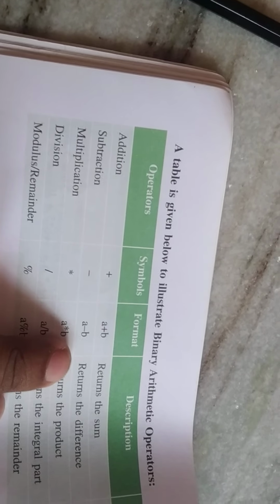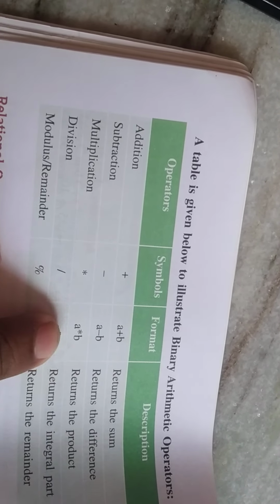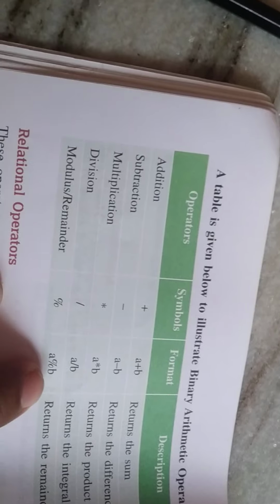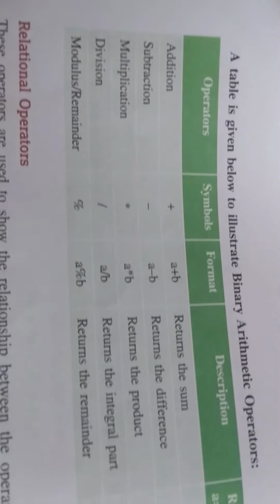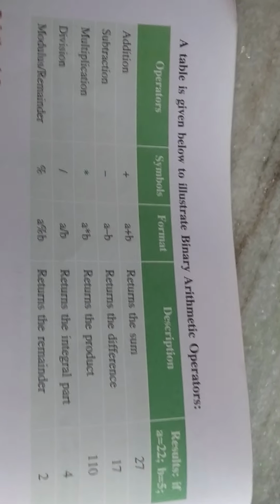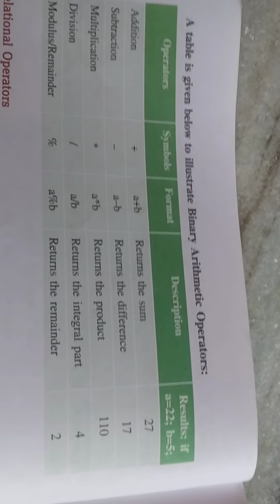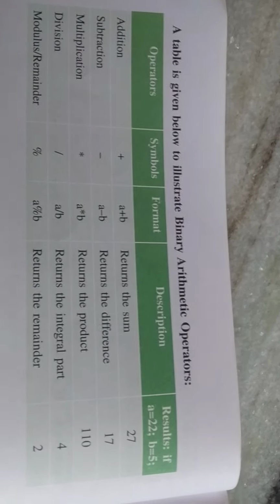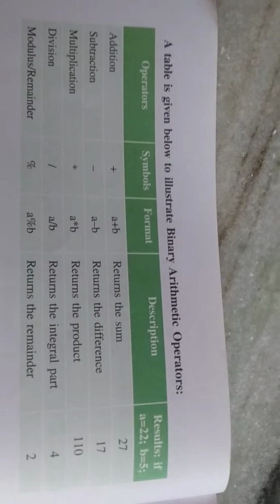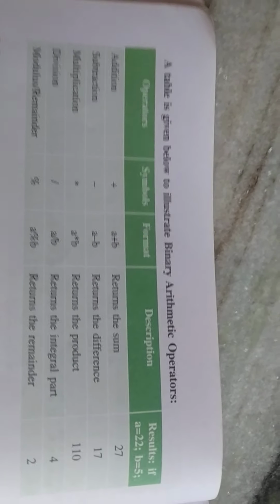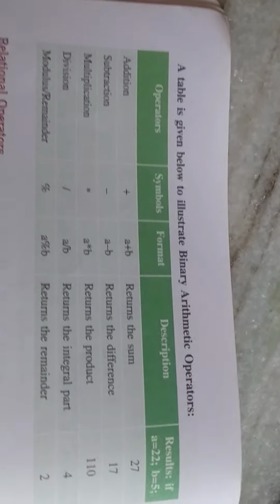Here a and b are the operands. Similarly a minus b. Minus, plus, into, divide, percentage are the operators, where a and b are the operands. The examples are also given here. I'll send you this snapshot also, no need to worry. You just see the explanation first. So the binary operator works on a minimum of two operands.